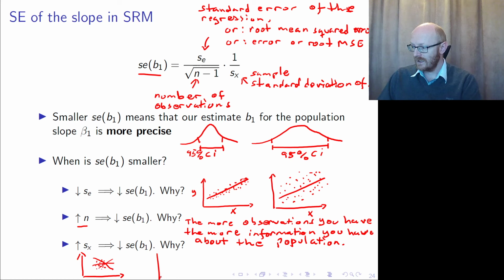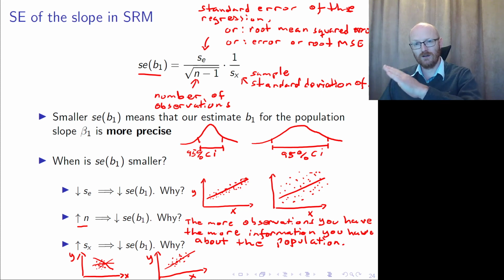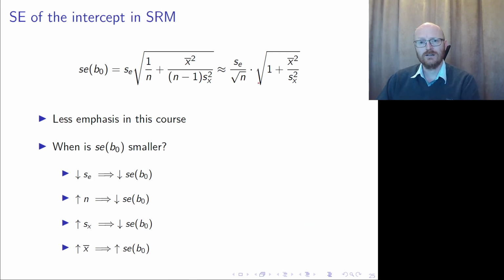Whereas if you have a lot of dispersion in the x, you are more certain as to where the slope would be.